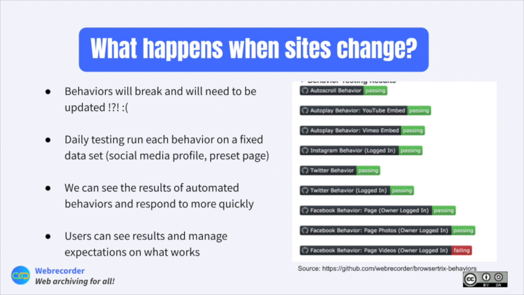Essentially that's the best that we can do, because Instagram, Facebook and Twitter, we know from past experience, will update their sites, and that will result in these behaviors breaking.